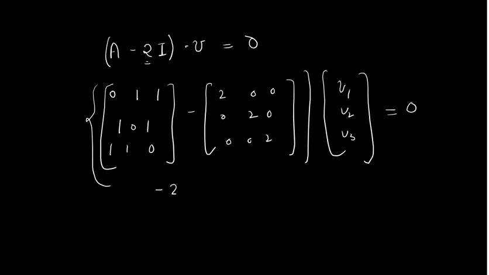Equation 2 minus equation 3 will give us -3v2 plus 3v3 is equal to 0.